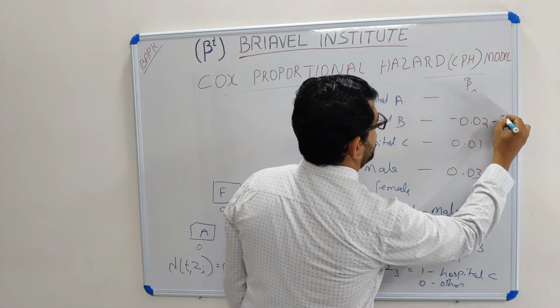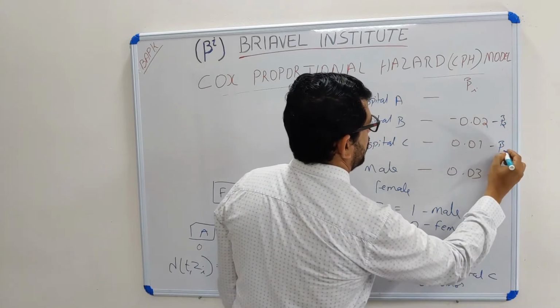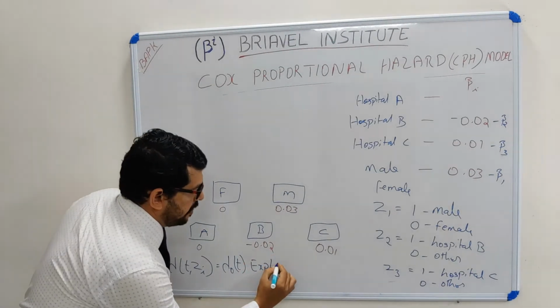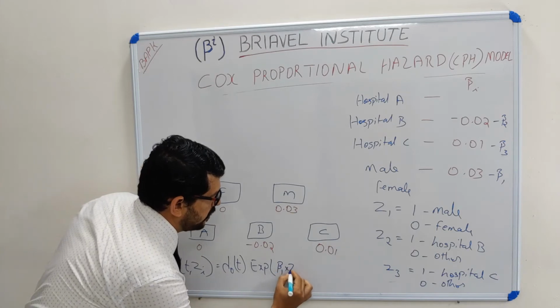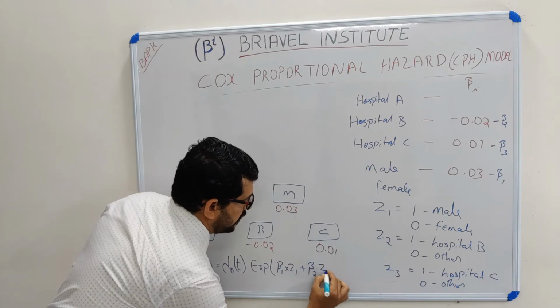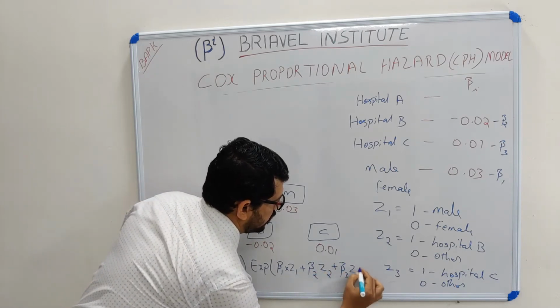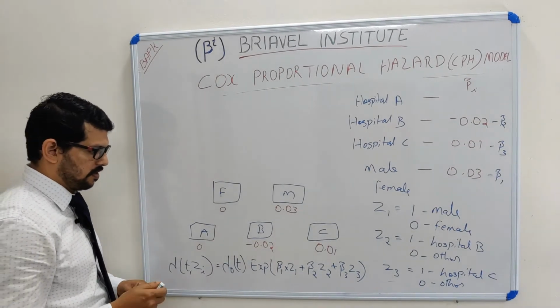Hospital B, this is my beta 2. This is my beta 3. So I taken beta 1 into Z1 plus beta 2 into Z2 plus beta 3 into Z3. So this is my equation.